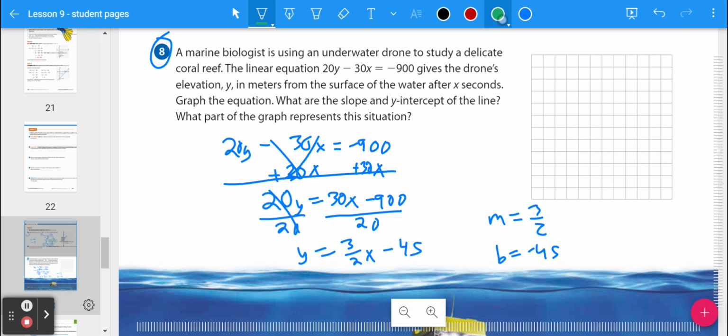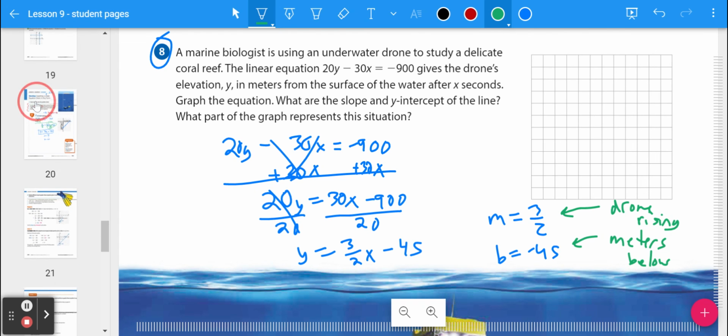If we're just looking at the two parts here to help us understand it, the negative 45 must be the elevation, how many meters below the surface the drone is, and this is how much the drone is rising in the water. And that's what I'm going to leave you with. Instead of graphing that, I'm going to let you graph that on your own.